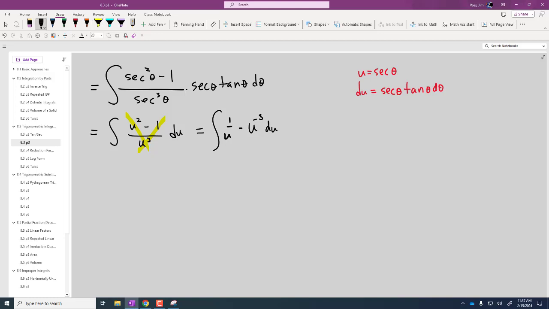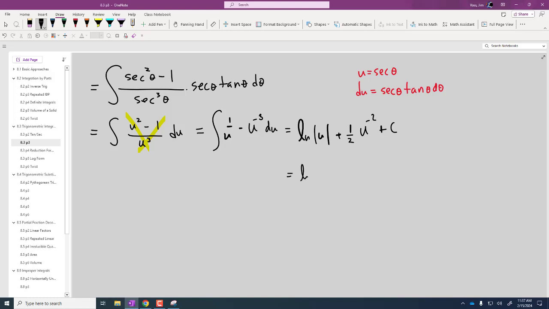Integration. Natural log absolute value of u, minus, add 1 to the exponent, divide by the new exponent, so that's going to put a multiplication of negative 1/2 out in front, and then I combine with the minus.